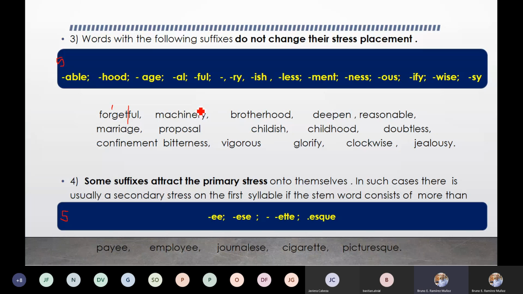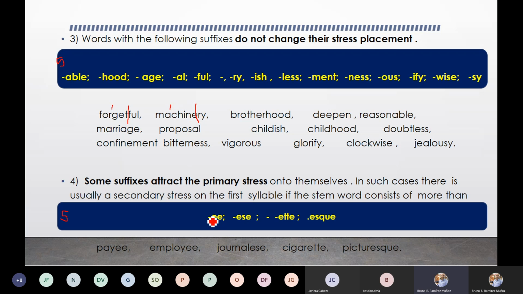The same thing with machine. Machine is stressed in the second one. Now, when you add the suffix, machinery, well, still the second syllable is the one which is stressed. Remember that the primary stress is placed before the syllable, which is going to be the most prominent one. Okay?